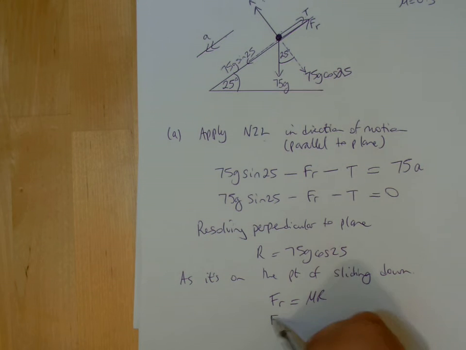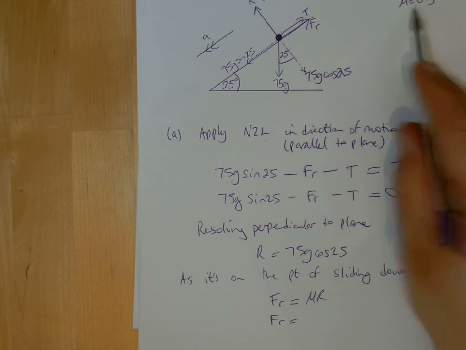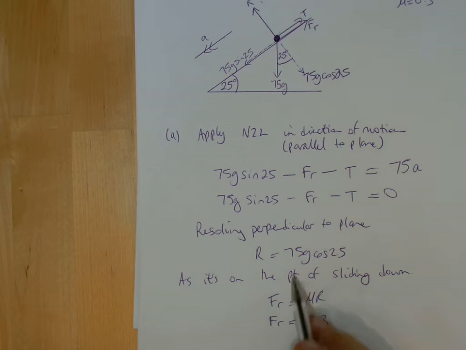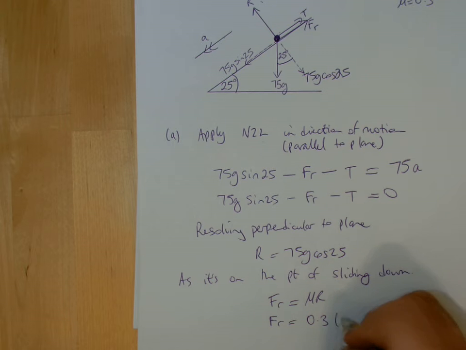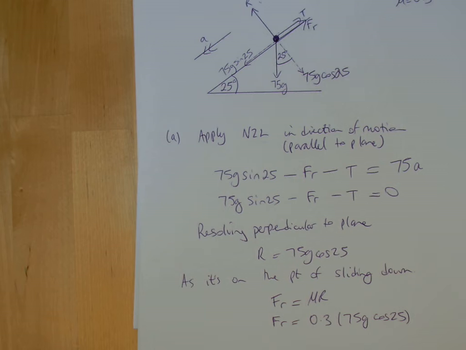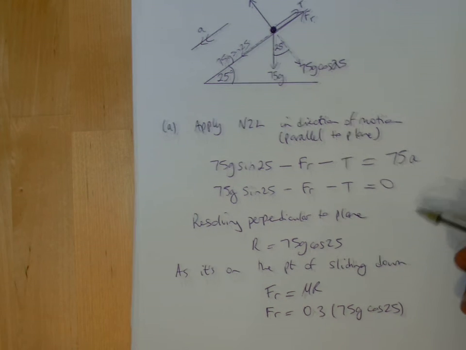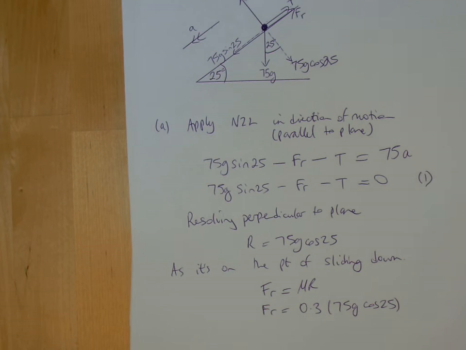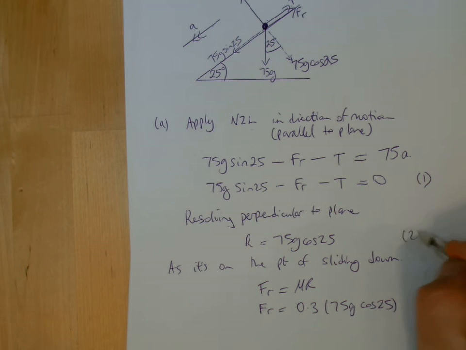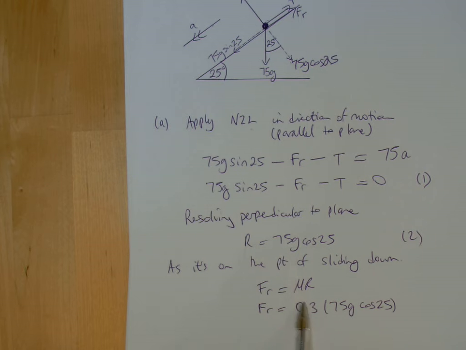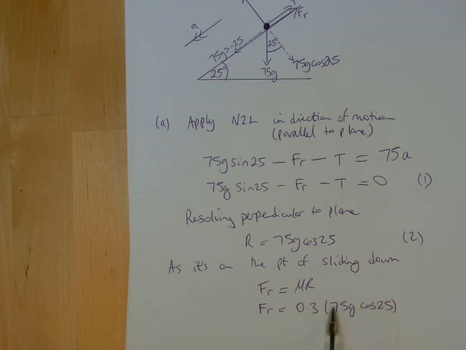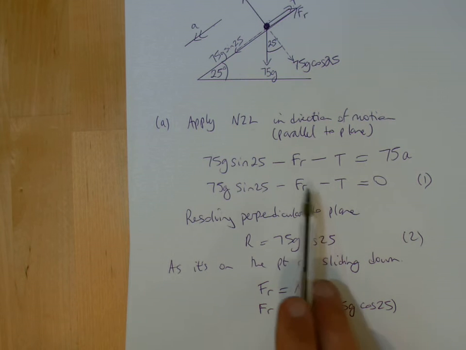So we know mu is 0.3, stated in the question, and we know R is that. We could work these things out, but perhaps I'll leave it there for a minute. What's good is that we had this equation 1 and this equation 2, and we've used equation 2 to work out the friction, knowing mu is given to us. So now, with the friction, we can sub that into equation 1.